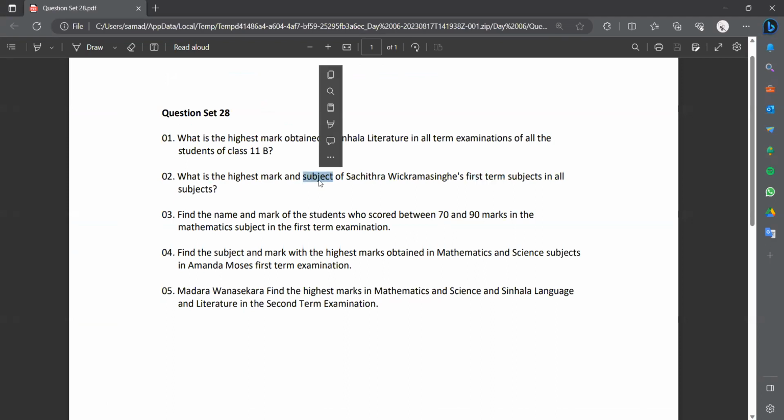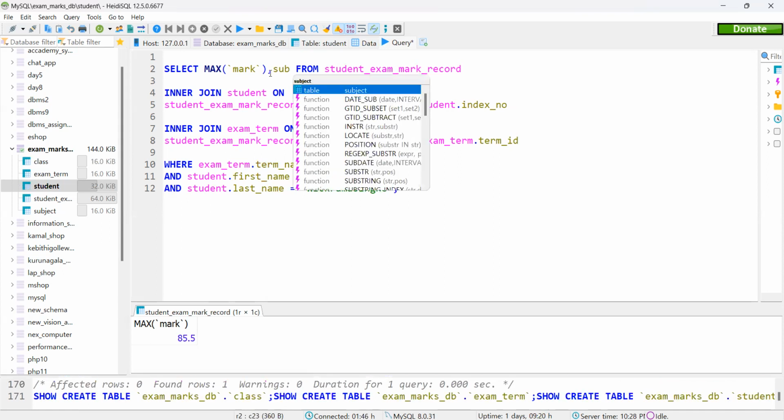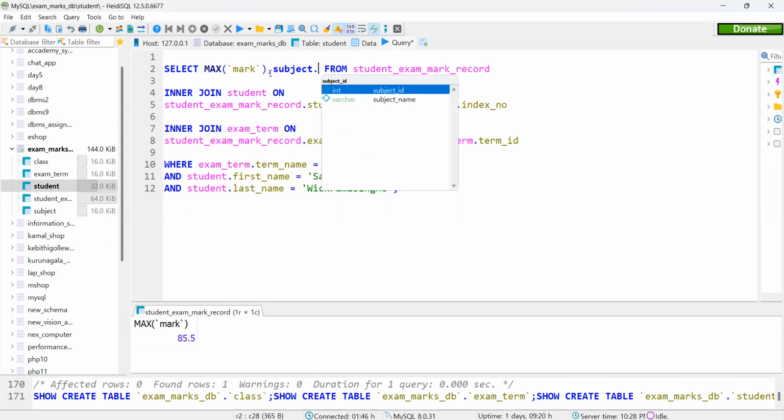And they are asking about a subject, so we have to edit that one, and subject name.